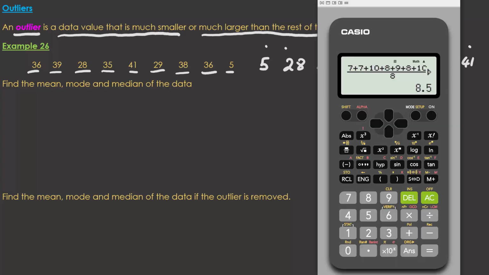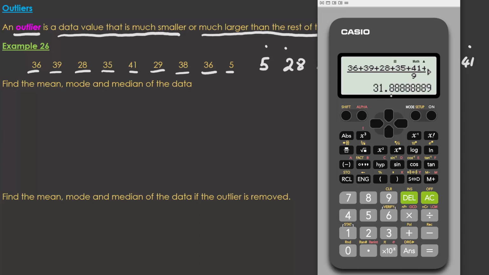So if we do the mean, we just need to add them up. So we've got 36, add 39, add 28, add 35, add 41, add 29, add 38, add 36, add 5, and there were 9 pieces of data.